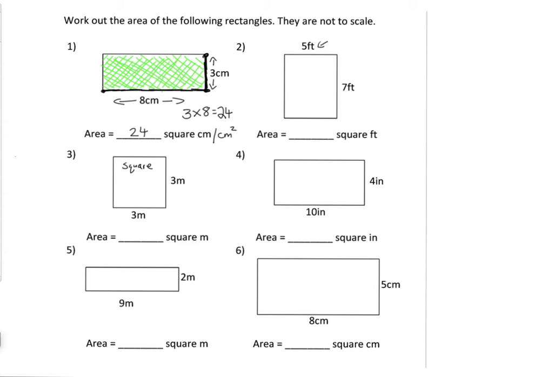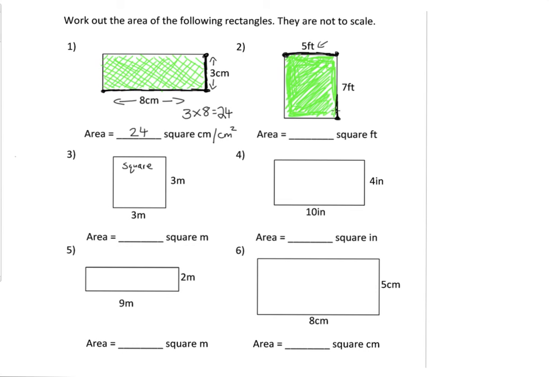Now, I want to find the area. I'm going to use my green pen again. I want to find the area, the space inside of this rectangle. Now, it's already been measured for us, which makes our life so much easier. We don't have to worry about having a ruler. We're told that this rectangle is 5 foot wide, 5 foot across, and it is 7 foot long.